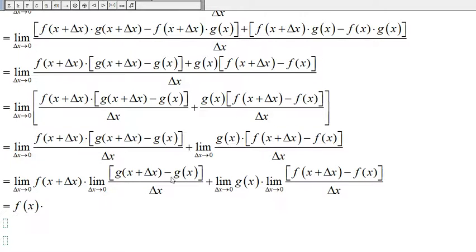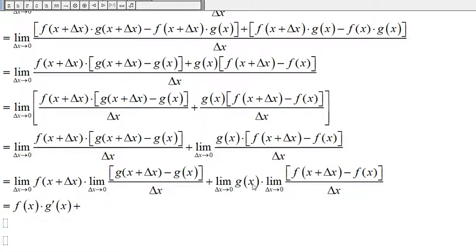And then by definition, this is the derivative of g of x. That is just g prime of x. The derivative of g, by definition of derivative, is the limit as delta x approaches 0 of g of x plus delta x minus g of x divided by delta x.